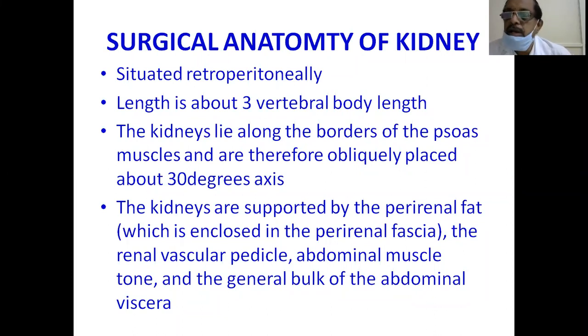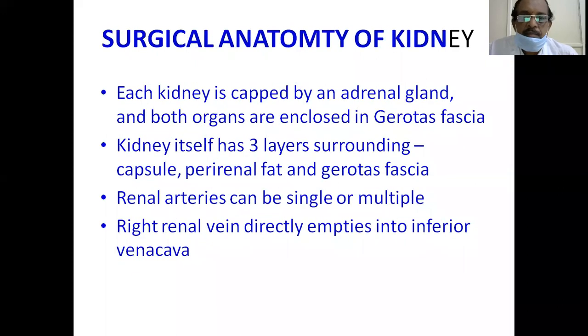Also the kidney is protected by its renal vascular pedicle, which fixes the kidney. It doesn't move freely. The thick abdominal muscles and posterior abdominal wall musculature also protect the kidneys from trauma. So these are all the protective things by which the kidney usually escapes trauma.